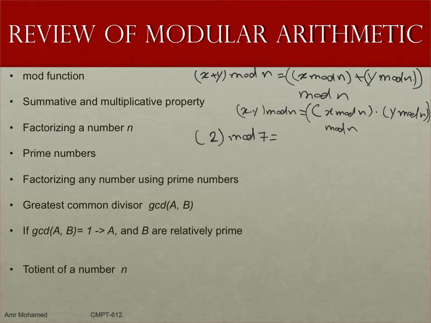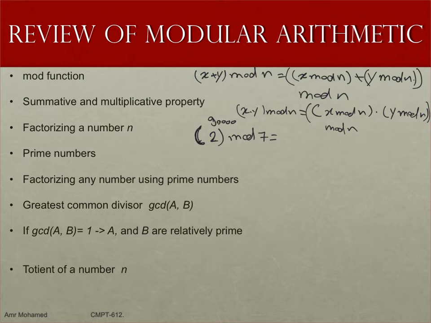If I tell you here 2 to the power 90,000, what is this? Calculator? Even the calculator would overflow if you do this. Right? Okay, so how do we do this?